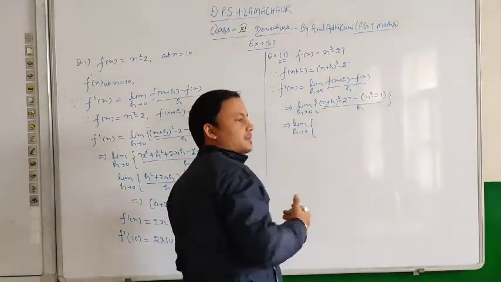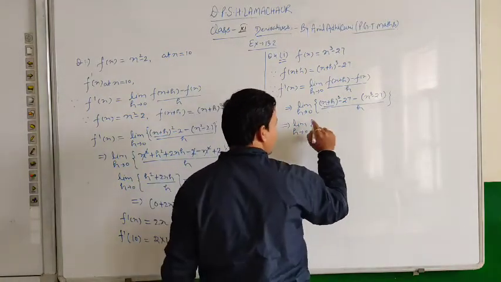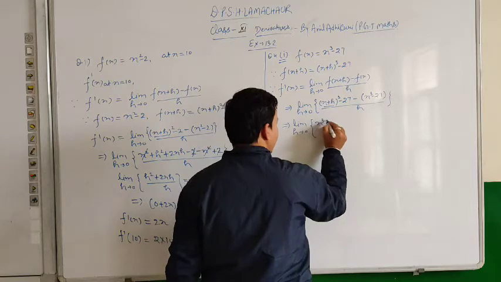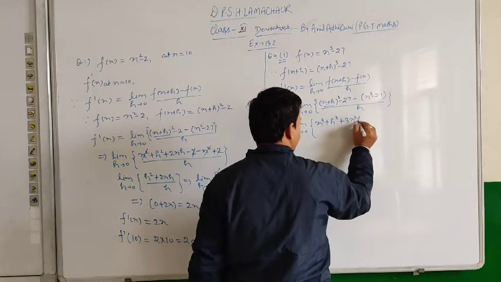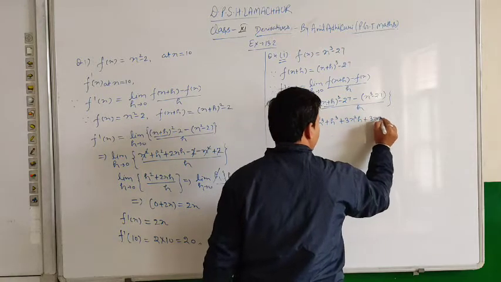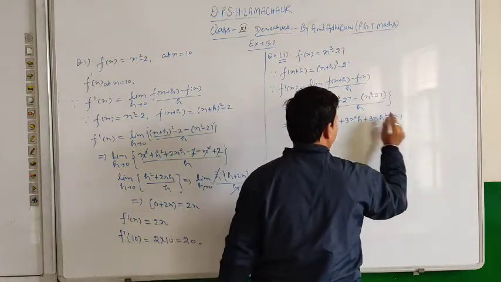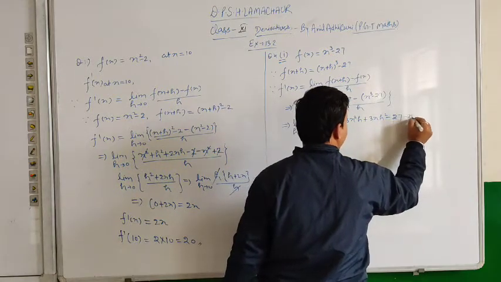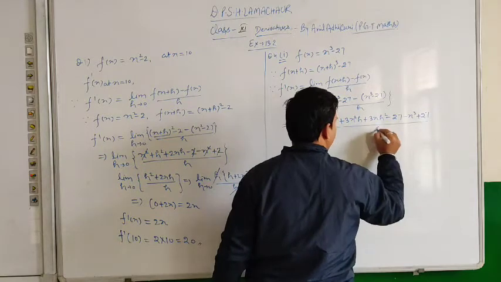So since we know that a plus b whole cube is a cube plus b cube plus 3a square b plus 3ab square. So we will open it. So x cube plus h cube plus 3 times x square h plus 3x h square minus 27, and this will be minus x cube plus 27 whole upon h.